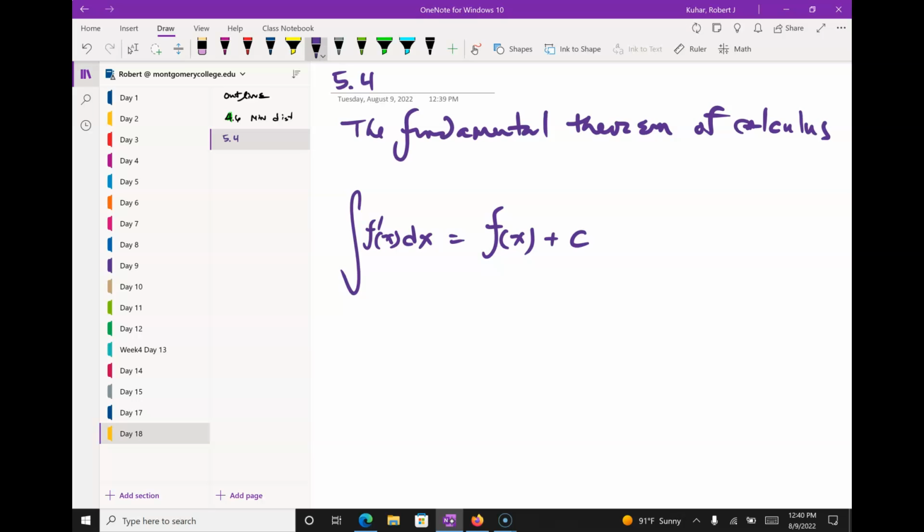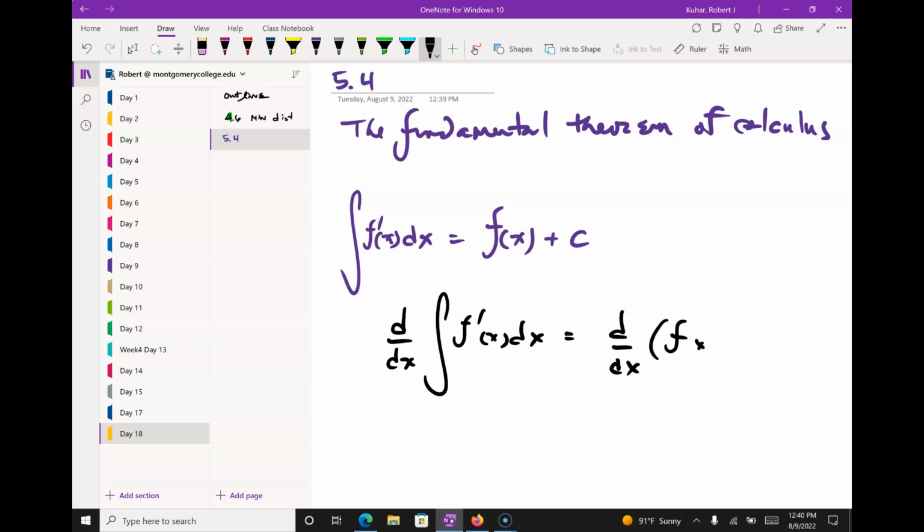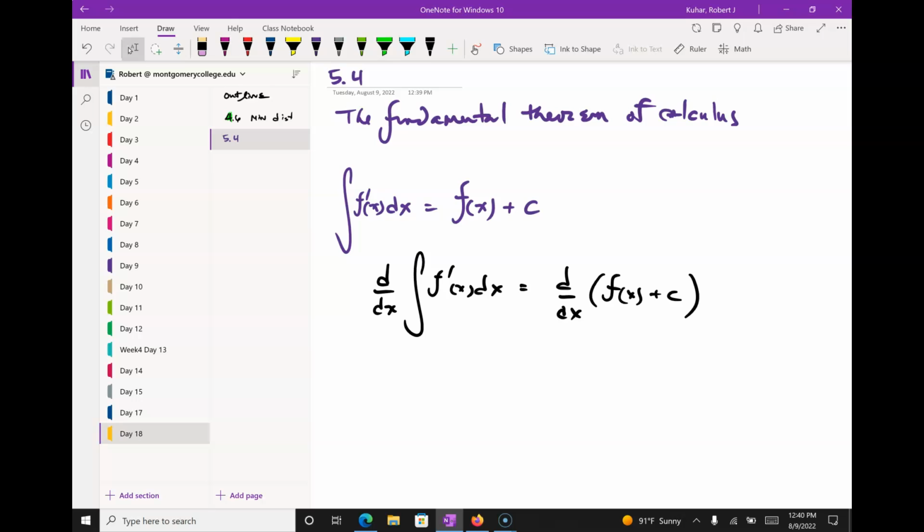So what is this saying about derivatives and integrals? What does this one say on the right-hand side? What do you read on the right-hand side here in black, in that last line?